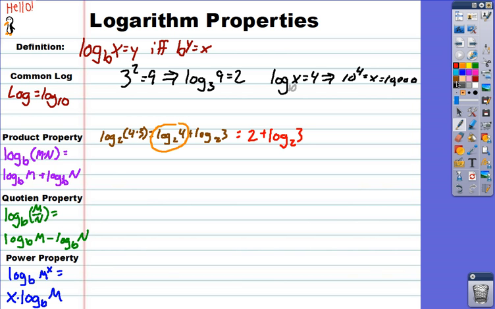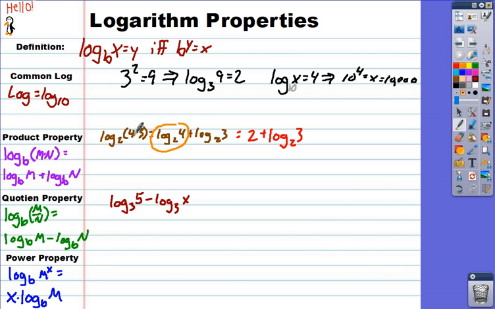Now, let's try one with a quotient property, but let's use a variable with this one, and instead of breaking it apart, let's put it together. What if we had log base 3 of 5 minus log base 3 of x? In this case, we would be combining.